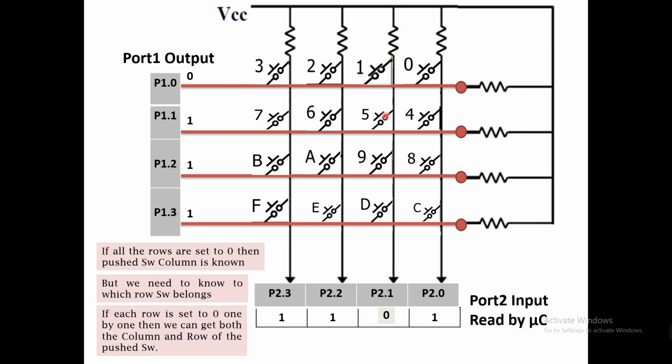It cannot be switch 5, it cannot be switch 9, it can't be switch D. Now we move ahead. Similarly, I have done this one. You can see here it is again 0, and then if you press this one, this can be 0.